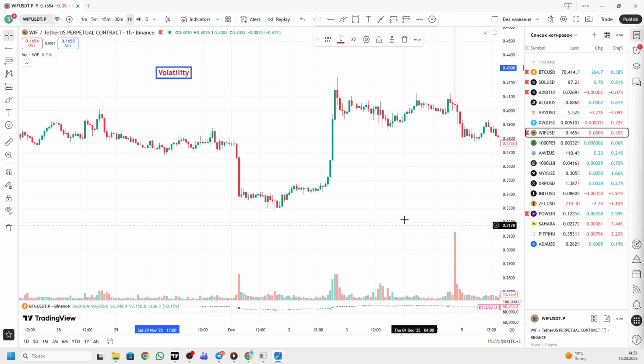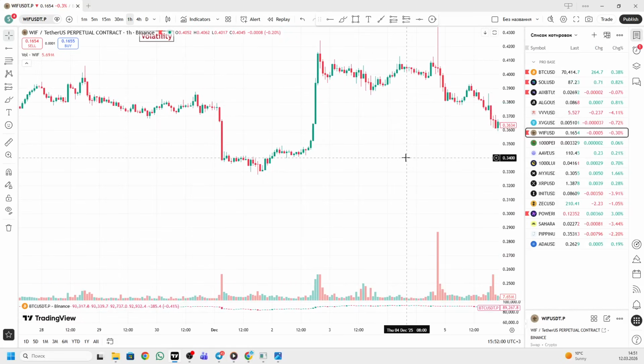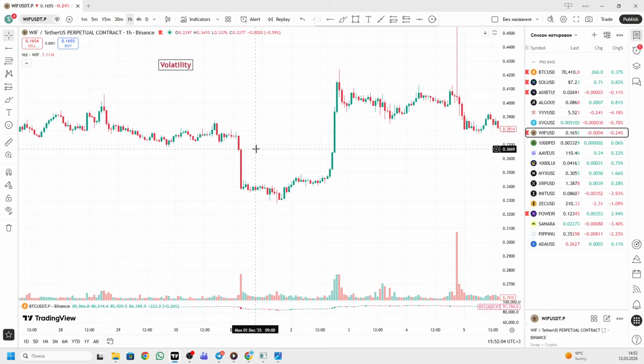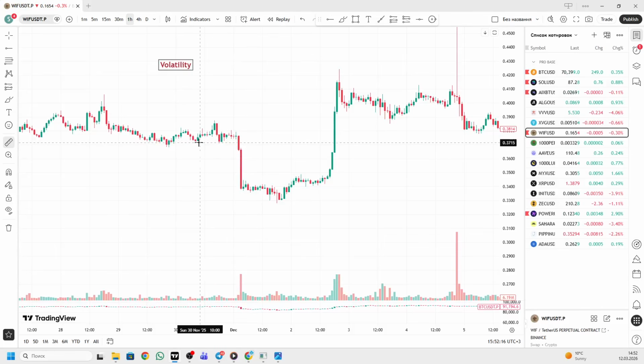That's it, nothing else. So what do we need to do in order to measure volatility? It's actually very simple. We just take two candles and compare their size. That's all. We simply take a ruler and measure the candles. For example, let's take these ones.